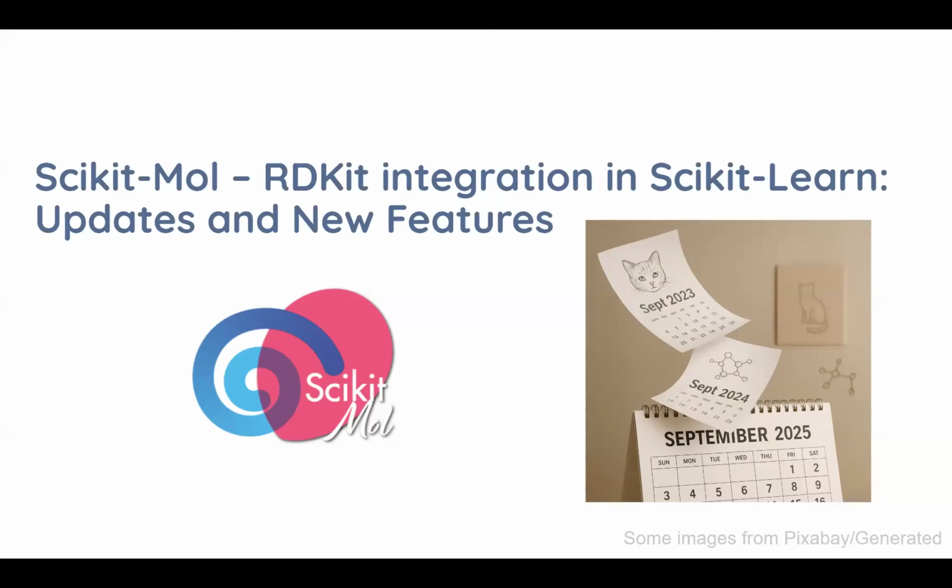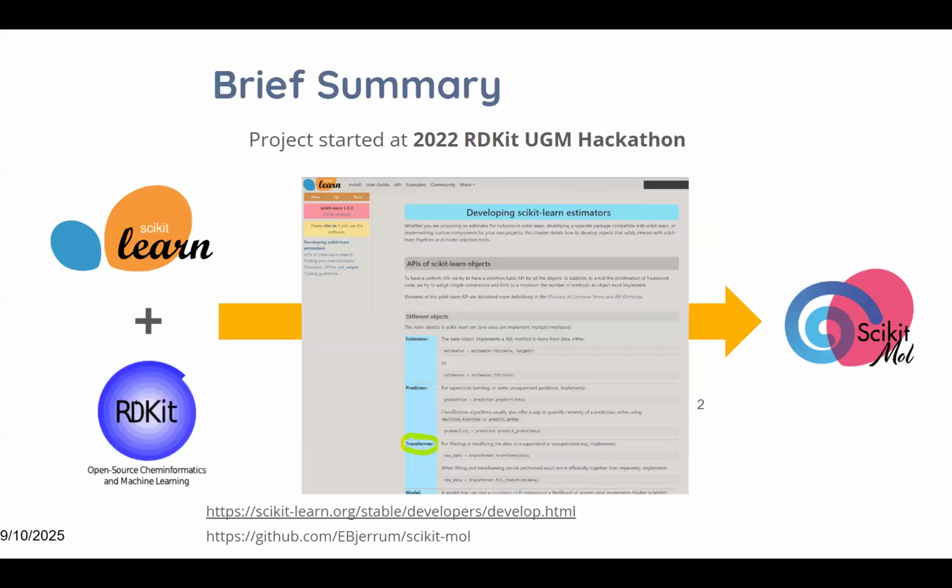Yes, thank you for the opportunity to come here and give a little update on Scikit-Mol, which is RDKit integration in scikit-learn. There have been some updates and new features since I gave the last lightning talk on this topic 3 years ago. Just a brief summary if you're not familiar with the project: it started at the hackathon in 2022.